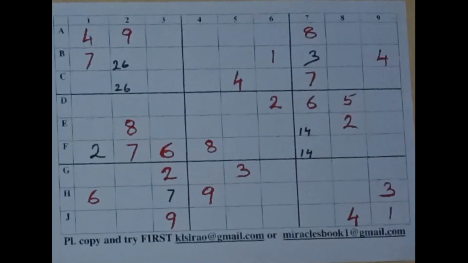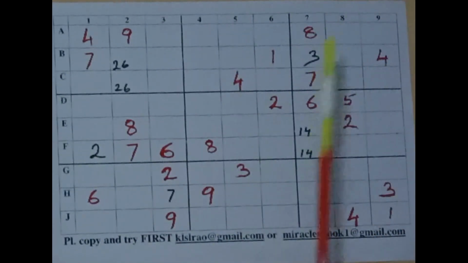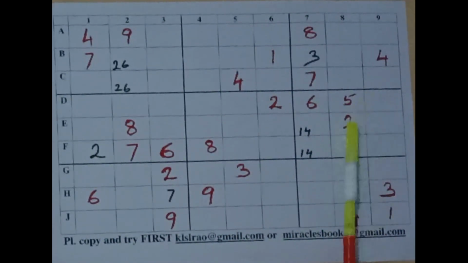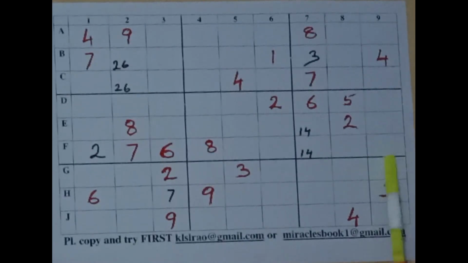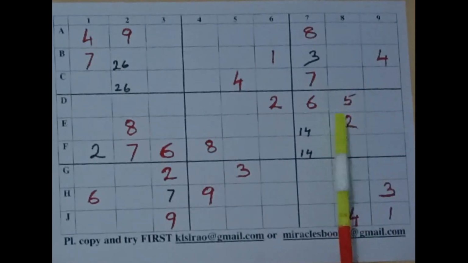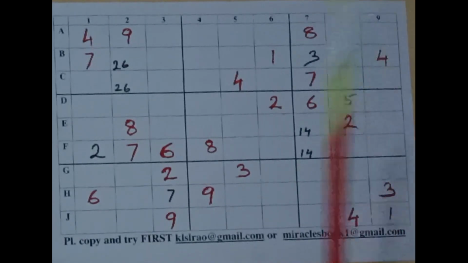Okay, and next, look at the other castle in this strip. We have these 2, 5 and 6 here. These 3 numbers cannot get repeated here. Therefore, these 3 numbers 2, 5 and 6 have to take 1, 2 and 3 positions. So let us allot the number positions there. 2, 5 and 6.